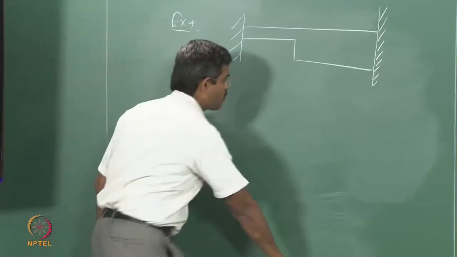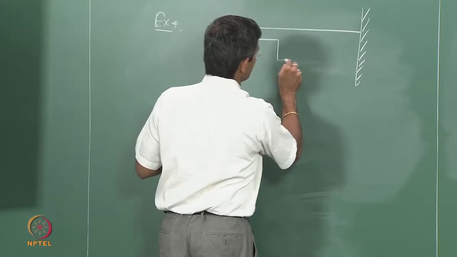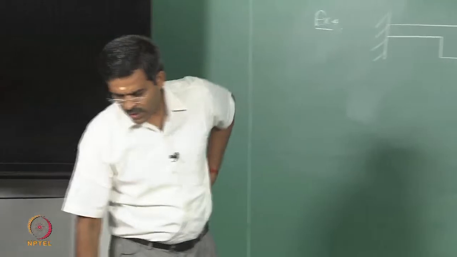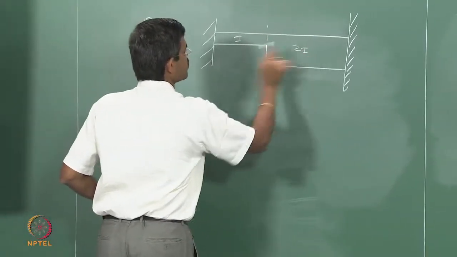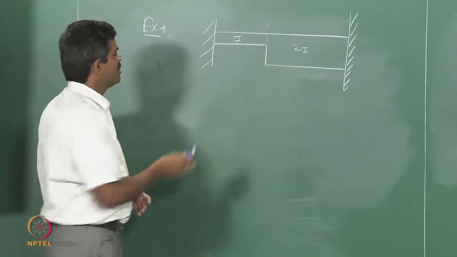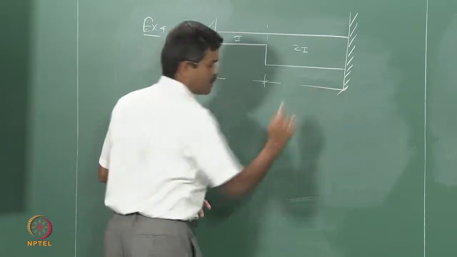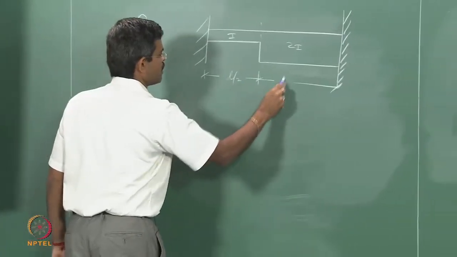We know inertia is bd cubed by 12. So, depth varies, I varies. Let us say this is my I, this is 2I, twice of this, and this is L by 2 and L by 2.